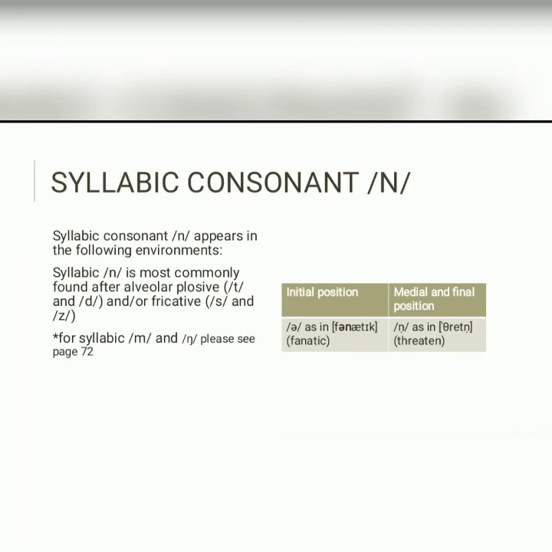Syllabic N is most commonly found after alveolar plosive T and D and fricative S and Z. The syllabic consonant N can be found in the initial position or in the medial and final position. For the initial position, the example is in the word fanatic. And for the medial and final position, the example is like in the word threaten.